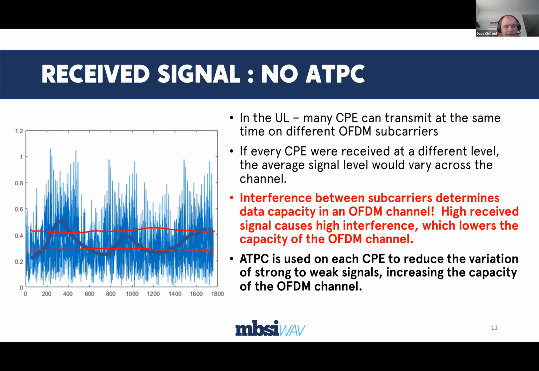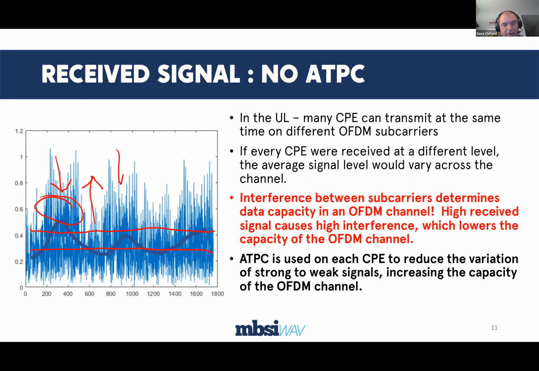So whether a very close CPE is transmitting or one quite far away, the signal level of this is reduced by lowering the transmit power. The signal level of the weaker signal is increased by the base station telling the subscriber module to turn up.